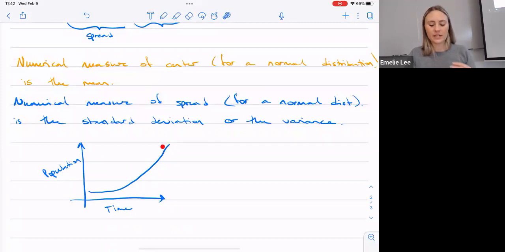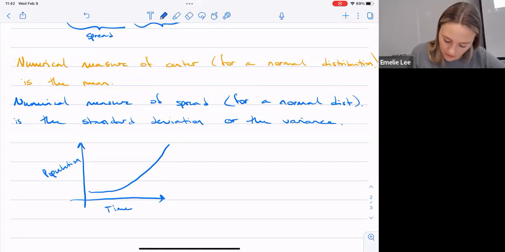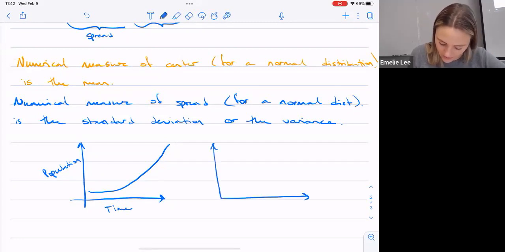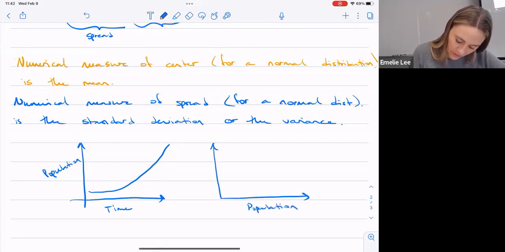I don't know of an easy way to translate a scatter plot like this into a histogram for just the population, right? So histograms are only for one variable.